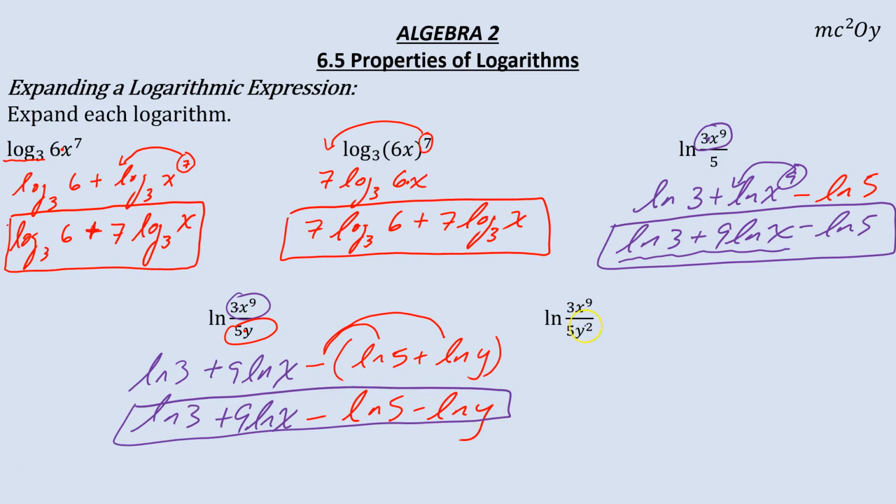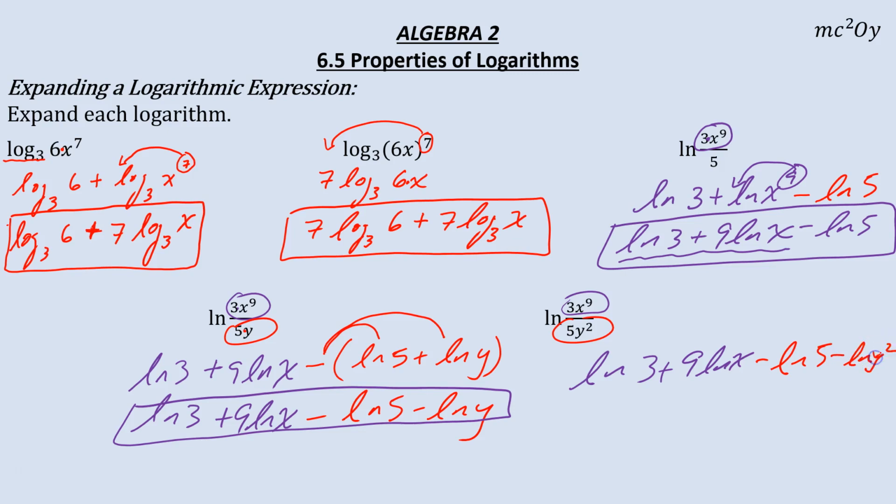Okay? Notice this next one, we just keep adding to the bottom. The top has stayed the same, so we still have natural log of 3 plus 9 natural log of x. And on the bottom now, we're going to be subtracting natural log of 5 and the natural log of y squared.